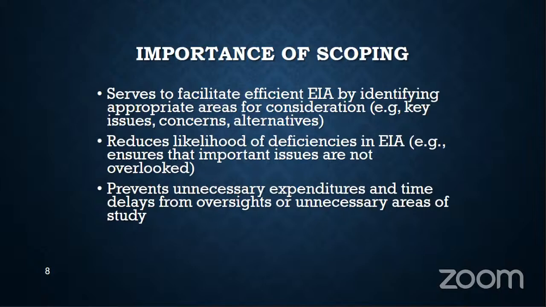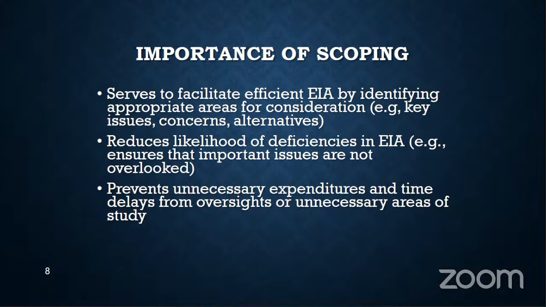The importance of scoping is, as you can see here, that it serves to facilitate efficient EIA by identifying appropriate areas for consideration, that is key issues, concerns and alternatives. It reduces the likelihood of deficiencies in EIA, that is, it ensures that important issues are not overlooked.